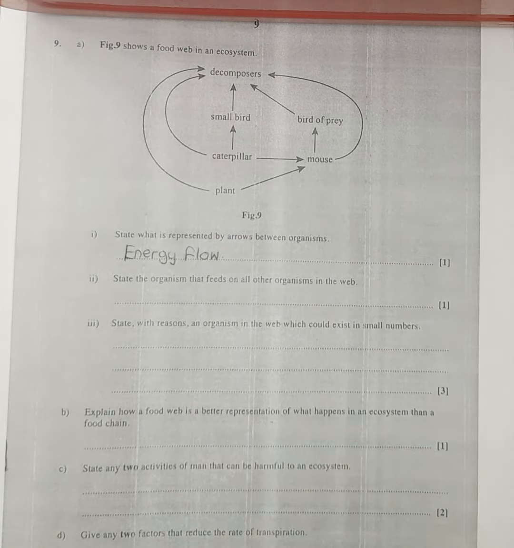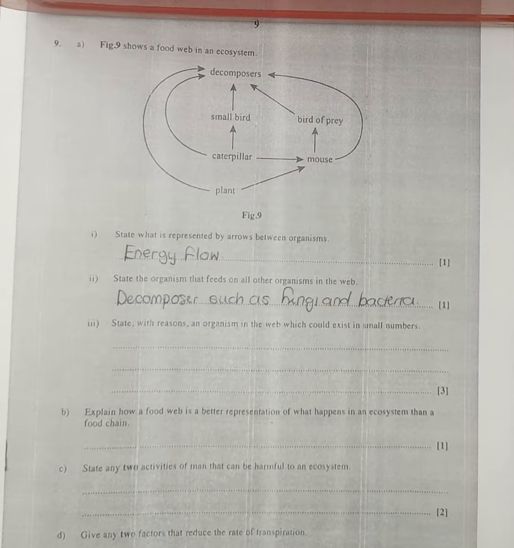And then on number 9a, part 2, we are supposed to state the organism that feeds on all other organisms in the web. So we are going to mention decomposers or fungi or bacteria.